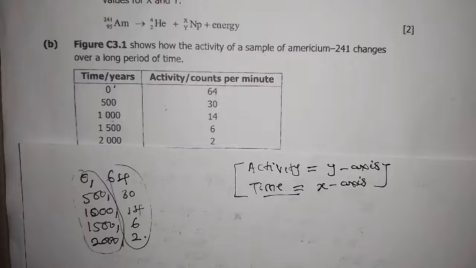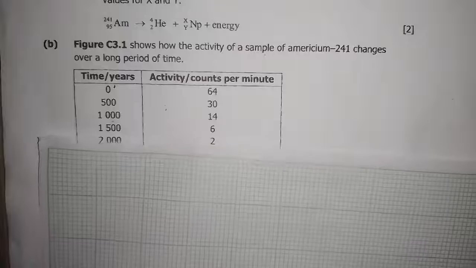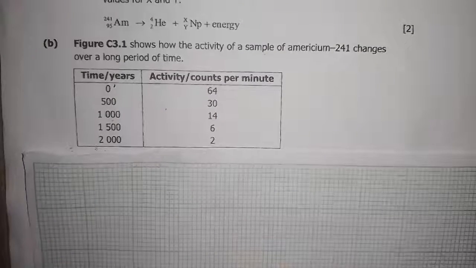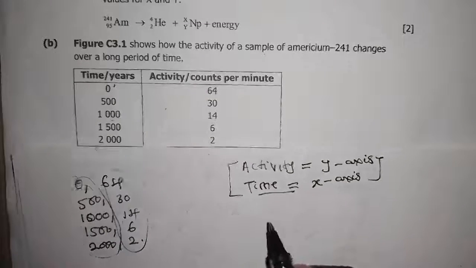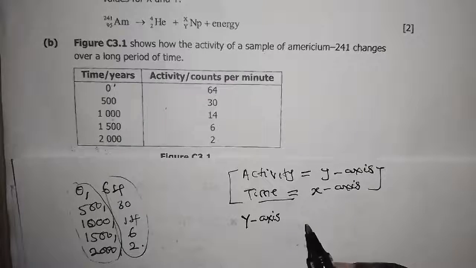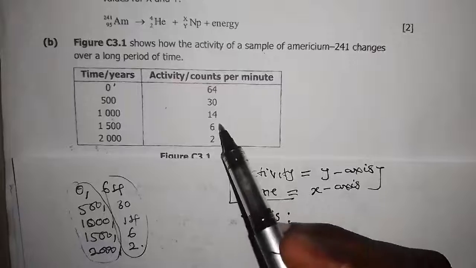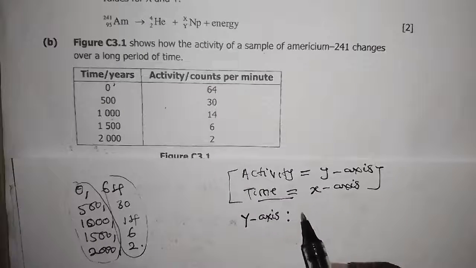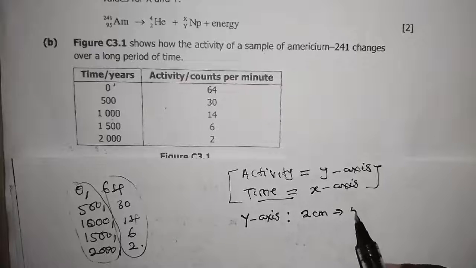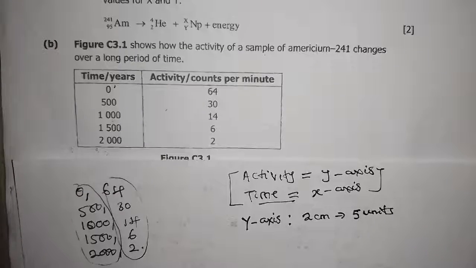Now the other thing is that we're supposed to come up with a scale. When you look at the numbers, on the y-axis, looking at 2, 6, 14, 64, we're going to say 2 centimeters is going to represent 5 units.